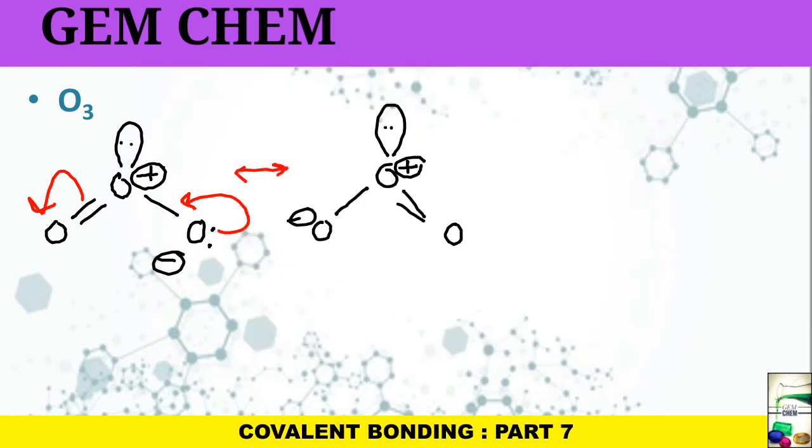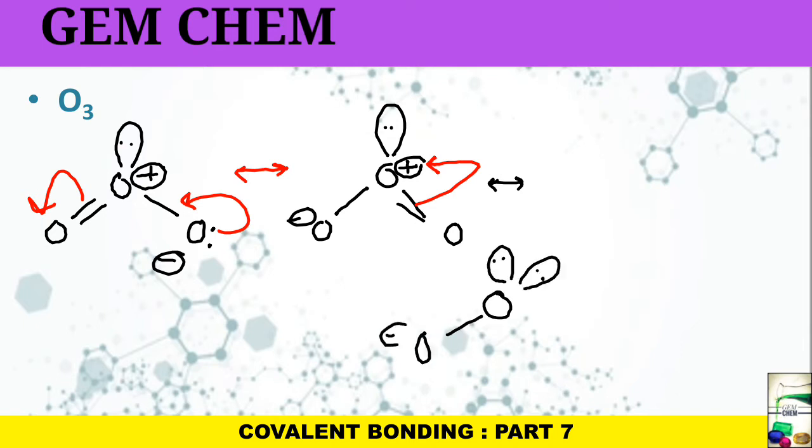Next, this bond is donated to this one and we get a structure like this, that is, oxygen having 2 lone pairs, and this O minus and this O plus. Again, this can happen from the opposite end only. This is given up and here it comes, so this one will become negative and the structure will be like this.